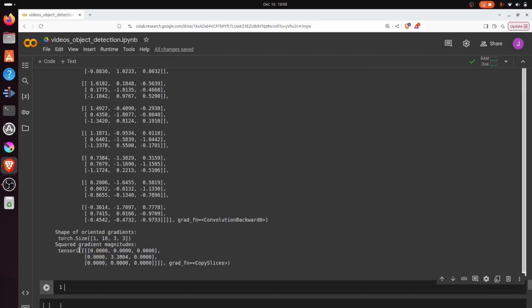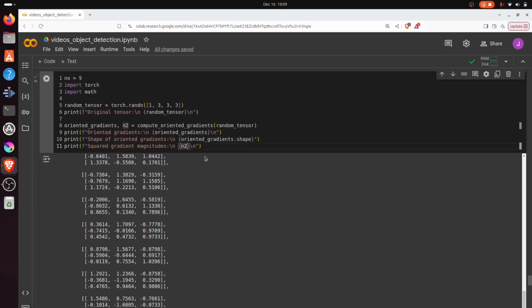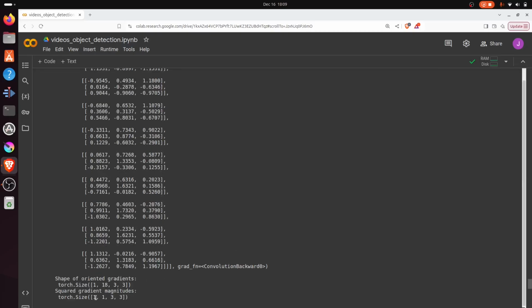Okay, and you see that it was just a single pack, with shape 1133.